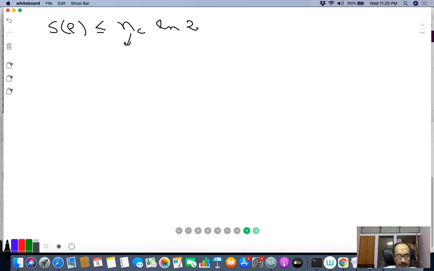Now remember that this we interpreted as the area of C. And this one, we are going to interpret for this problem as the analog of 1 over 4Gn. This is just some constant.